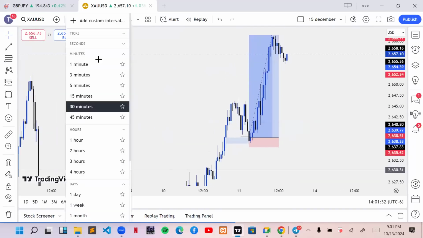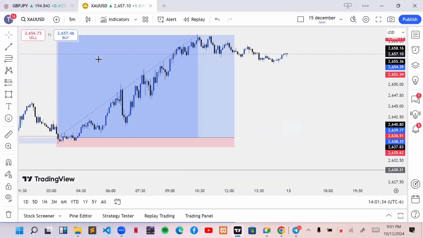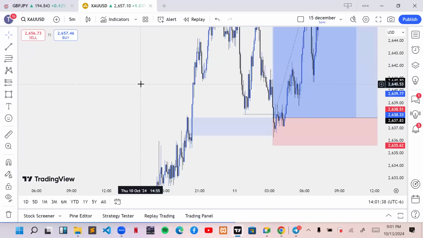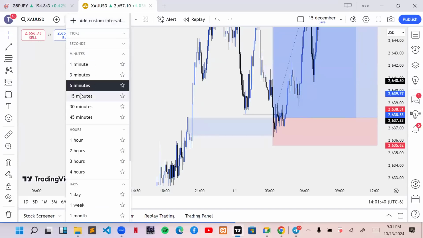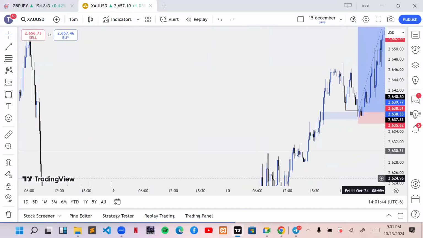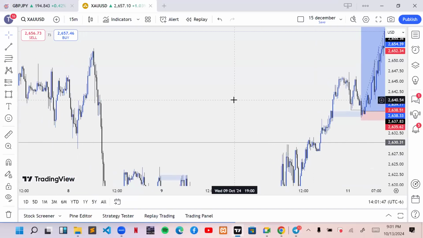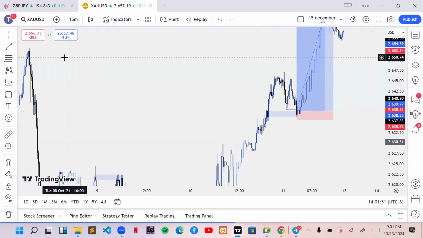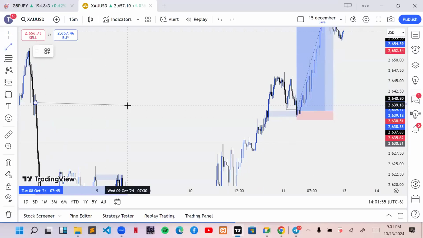Let me see, I have another example. For this scenario, this one is a break of structure type of trade.